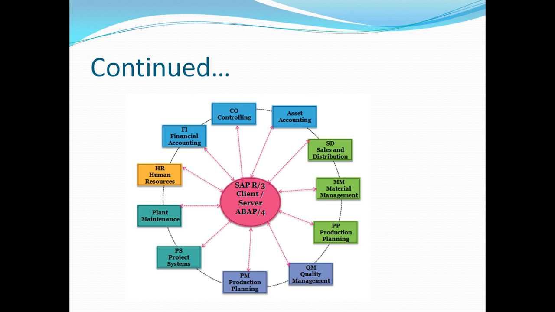SAP takes care of all the departments and they are integrated with each other, and this functionality makes SAP a popular software. So now you can get an idea that ABAP is a programming language. If we want to change anything in each and every module, we have to use ABAP.